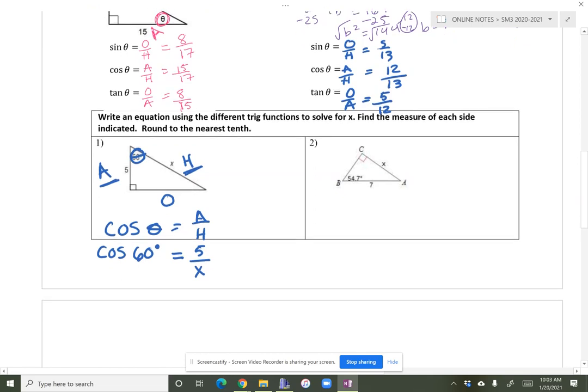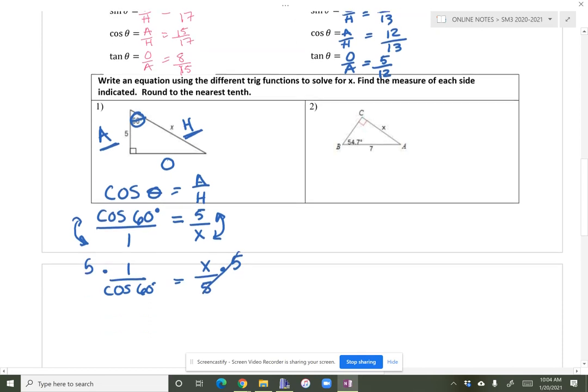If your x is on the bottom, we can think of this, if this is true, then we can flip both of these. So we have 1 over the cosine of 60 equals x over 5. Then I can multiply both sides by 5 to get x by itself, and I get x equals 5 divided by the cosine of 60.